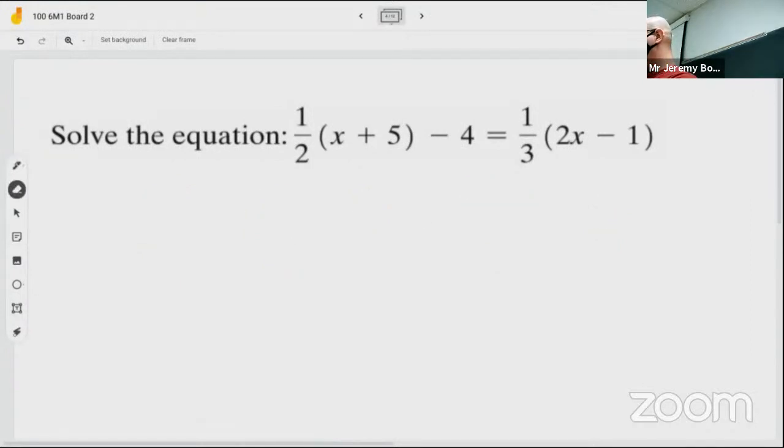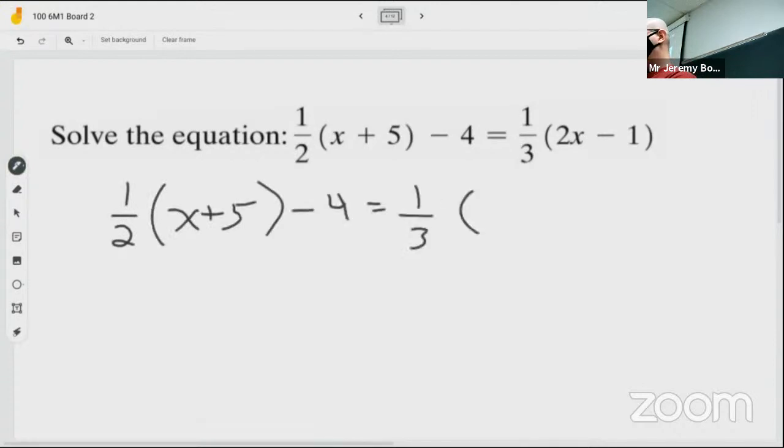The other way that we could deal with this, and let me write out my problem real quick so I can work on it, is get rid of the fractions, right? I have the ability to multiply both sides of the equation, and it will stay equal, as long as I multiply both sides by the same number.